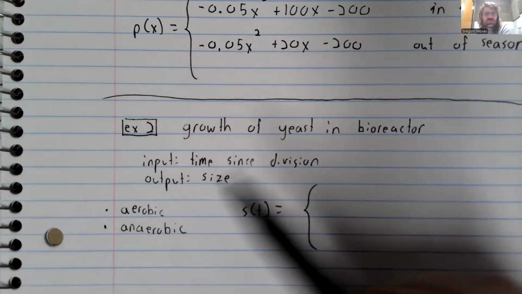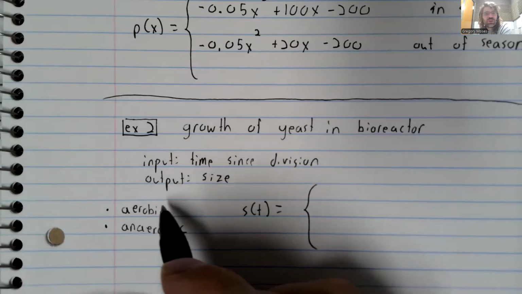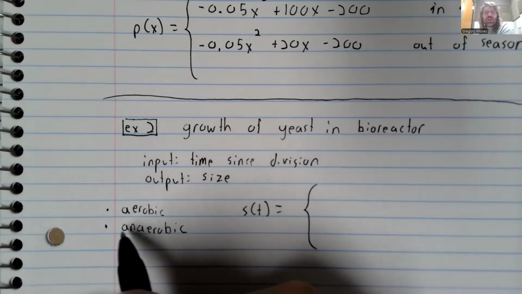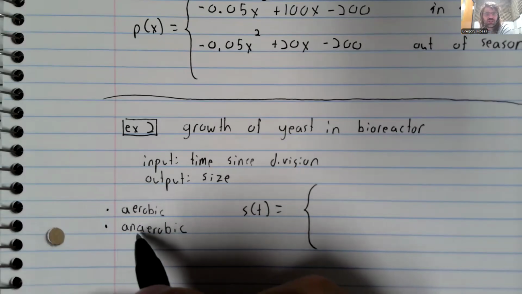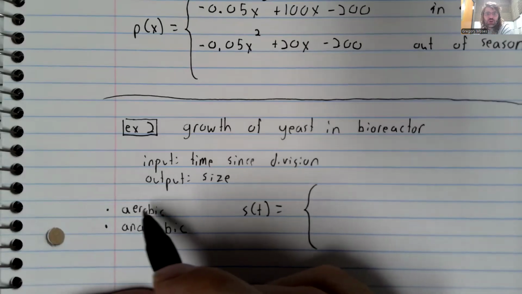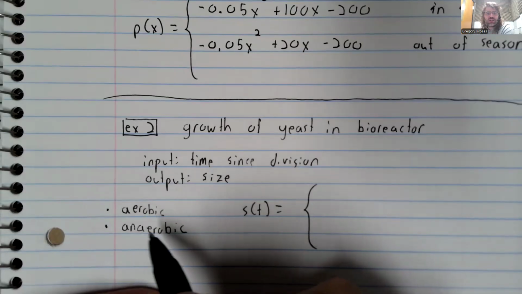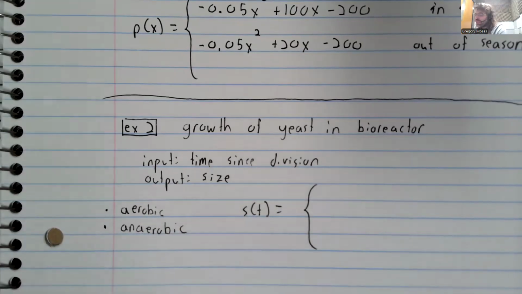And what this means, I mean, this isn't going to be on a test or anything, but yeast can thrive in the presence of oxygen, or it can thrive in the absence of oxygen. It's aerobic if there's plenty of oxygen. It's anaerobic if there isn't oxygen.